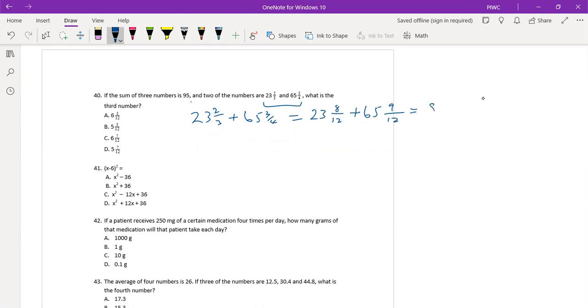That will give us 88 and 17 over 12, which is the same as 89 and 5 over 12. Now we have to subtract this from 95.